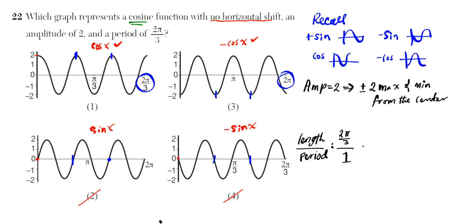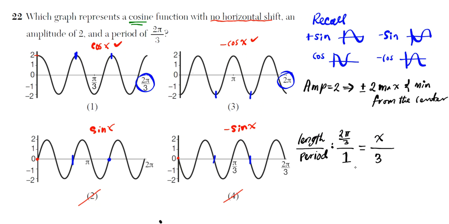Okay? So since these two have 3 periods, the question is, what will be the length in radians of 3 periods? So solving this ratio will help us determine the correct answer. Okay? It's very unlikely that this will be the answer because we have 3 periods being equal to 2 pi over 3. Okay? Alright, so let's solve this out and see what happens.